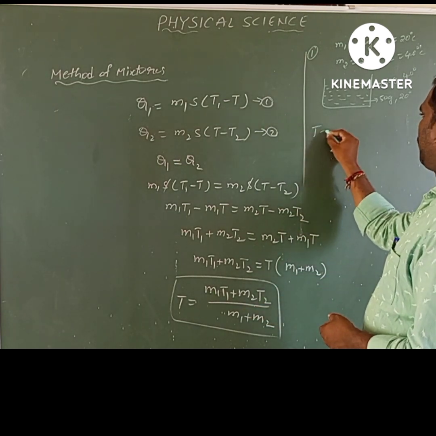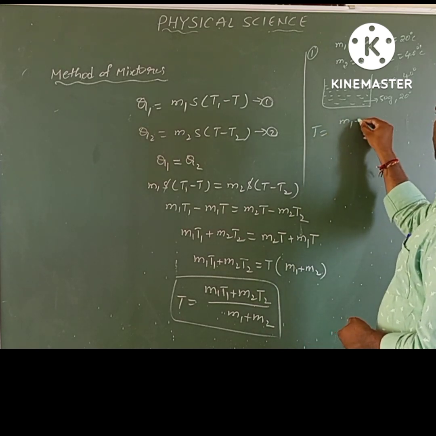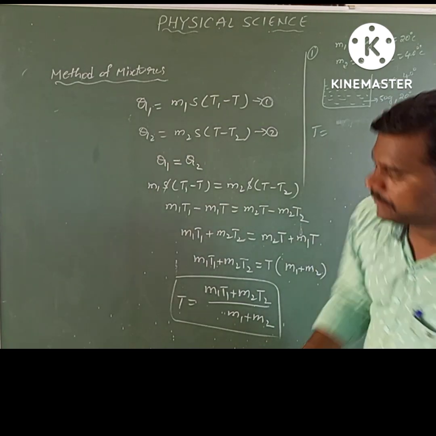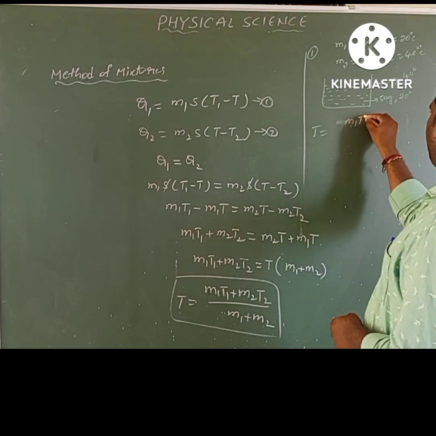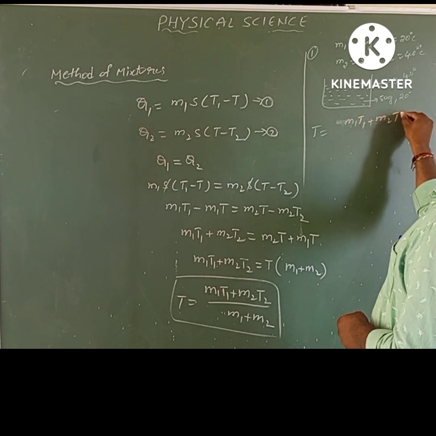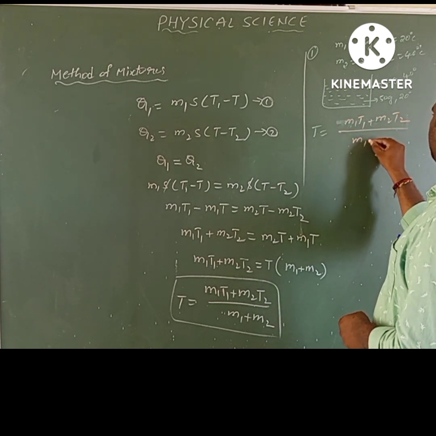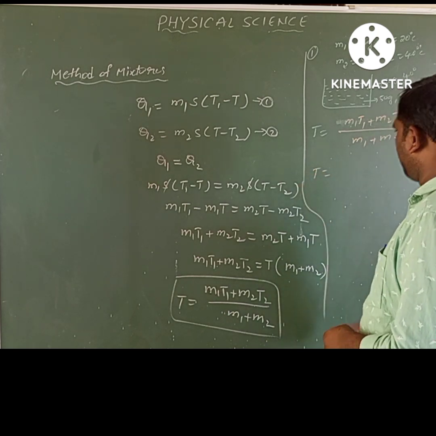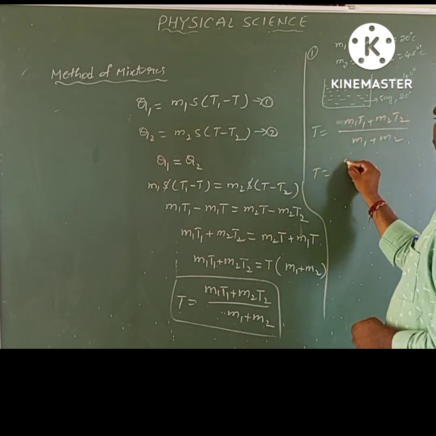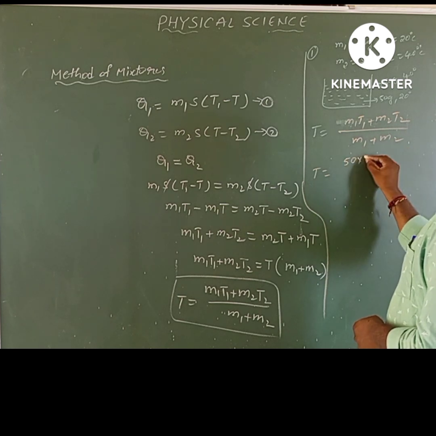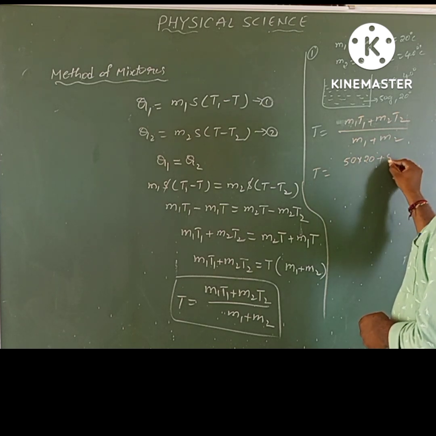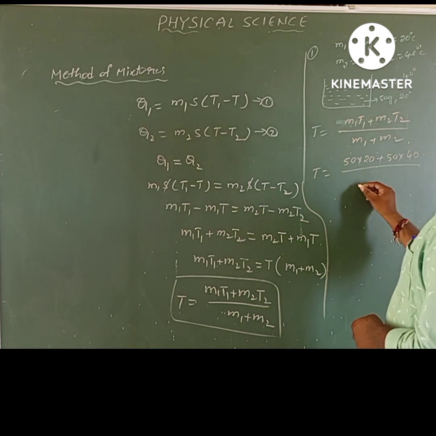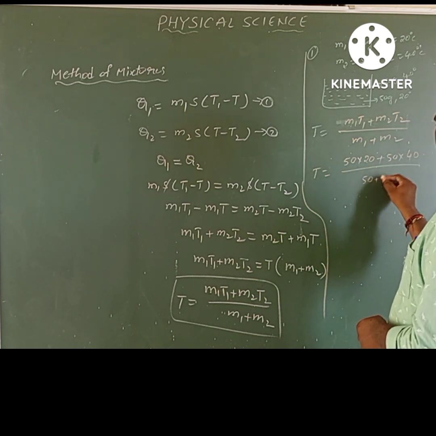The formula for final temperature T is equal to m1 T1 plus m2 T2 by m1 plus m2. So therefore we can find out T that is equal to m1, that means 50, into T1, that means 20, plus 50 into T2, that means 40, by m1 plus m2, so 50 plus 50.